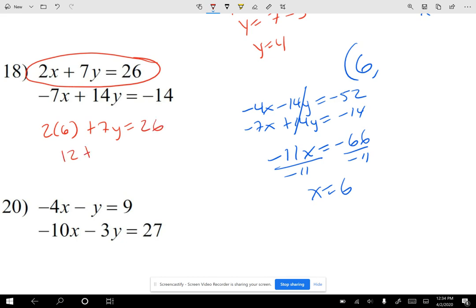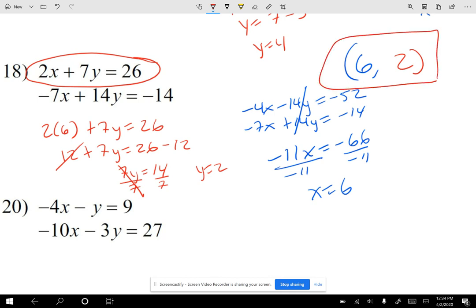So I have that 12 plus 7y equals 26. The plus 12, let me move it over as a -12. So I have that 7y equals 14. Let me divide by the number in front of the letter. Y equals 2. So my answer is 6, 2. Remember, I must write them in alphabetical order. X first and then Y.